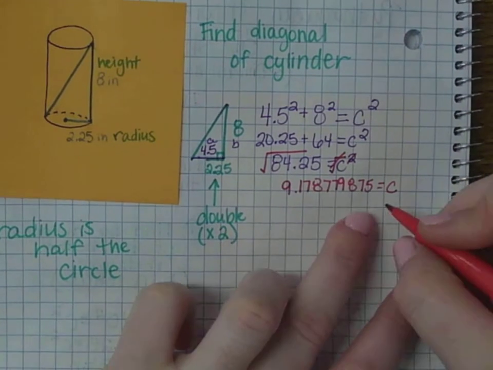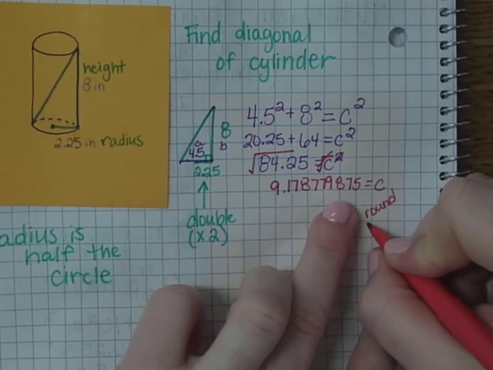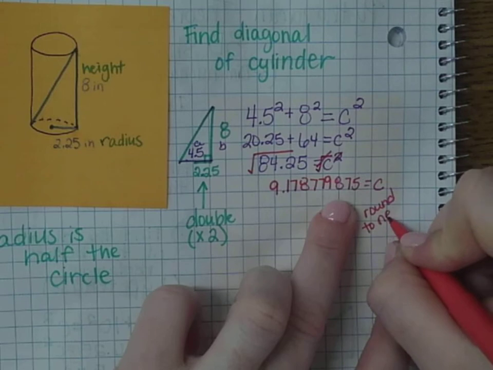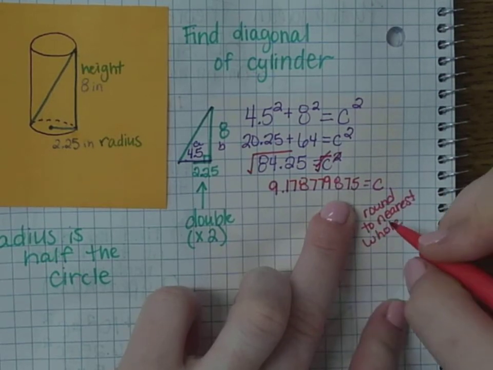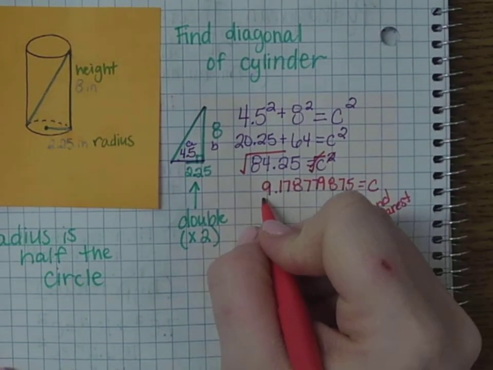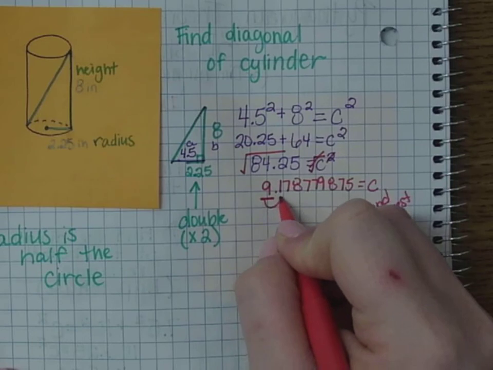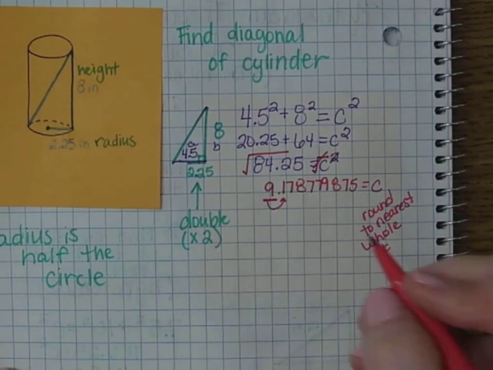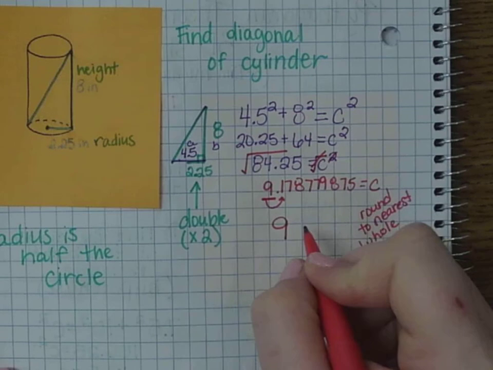This time I'll round to the nearest whole number. So if I want to round it to the nearest whole number, that would be 9. So I'd need to look at this 1. Since the 1 is smaller than 5, it would just stay 9.